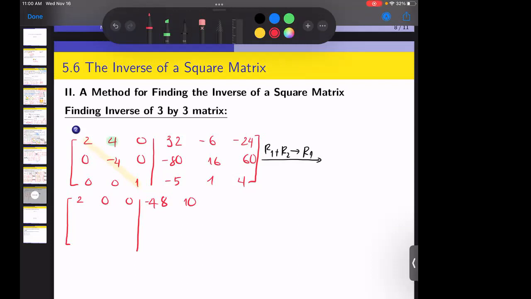And then 60, -24 is 36. Yeah, thank you.